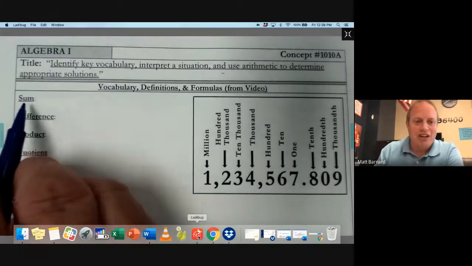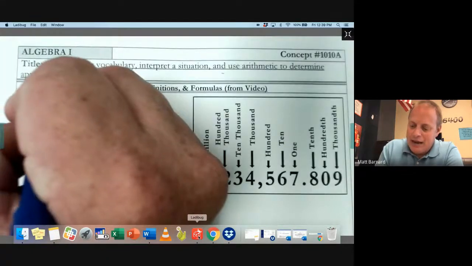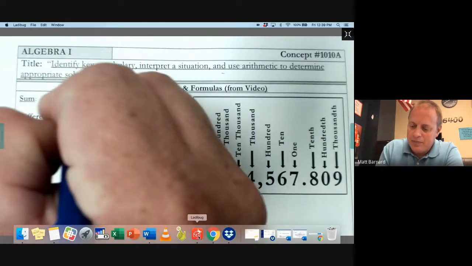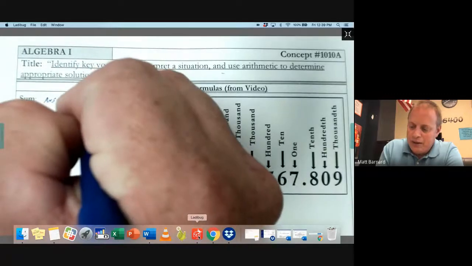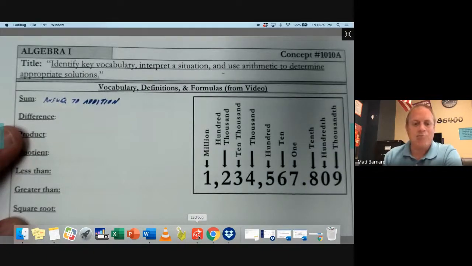When we see the word sum, we are talking about the answer to addition. That's what sum means, the answer to addition.